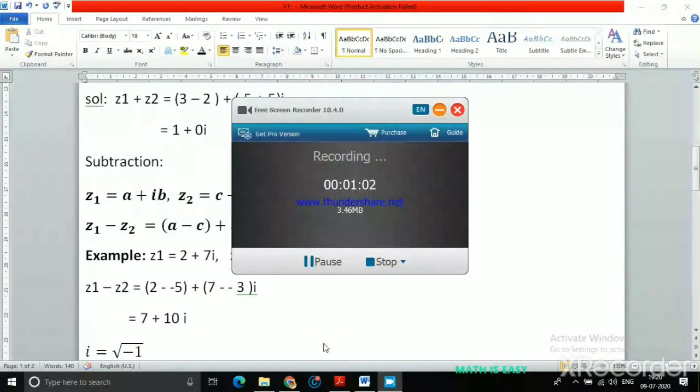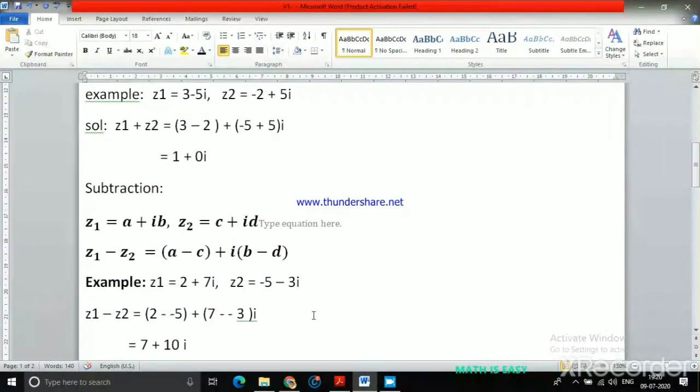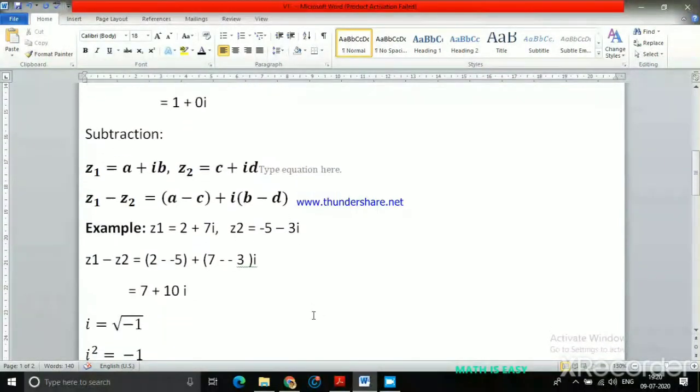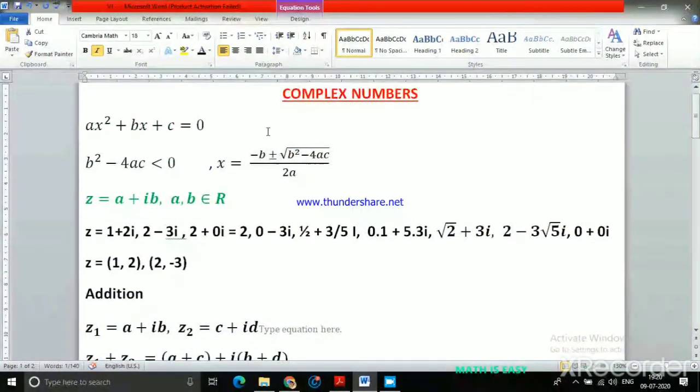Okay, so next we have multiplication and division. Before we go for multiplication and division, let me introduce a few more concepts. We have discussed here that the value of i is the square root of minus 1. So this is the definition of i. Because the square root of negative terms in the real number system has no real solution, if I want to solve it, I will take that negative value under root minus 1.